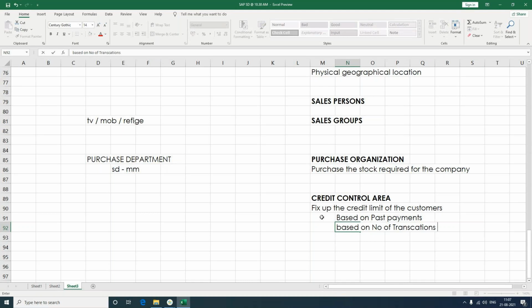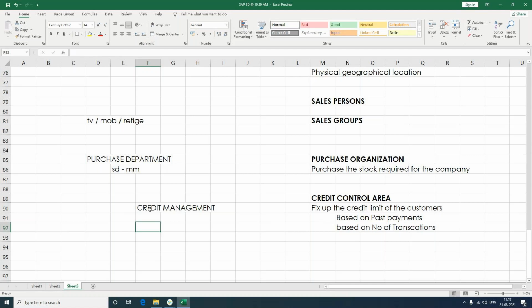Are you a regular customer or not? All these things are analyzed by the credit control area, and they fix up to what value the customer can take the goods on credit from the company. This concept is what we call credit management.